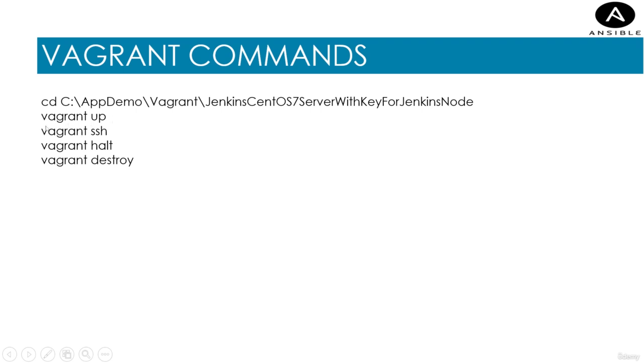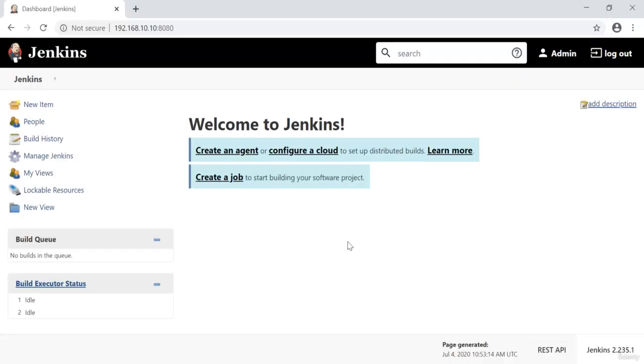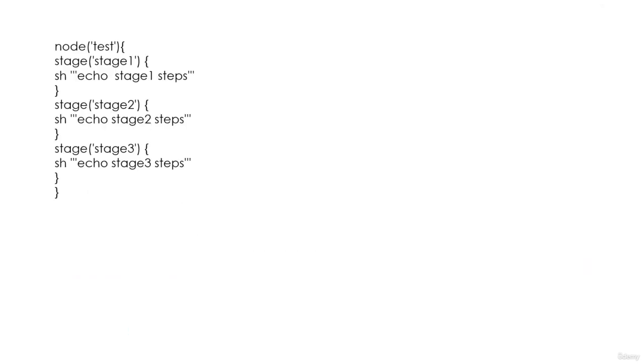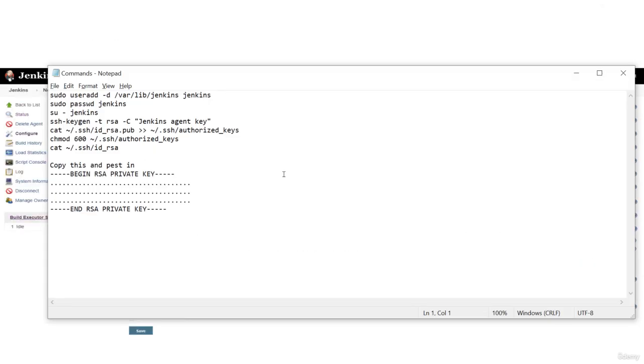But before that, make sure you have installed VirtualBox and Vagrant, and then we'll do vagrant ssh, vagrant halt, and destroy. After that we'll get something like this, and this is the screen we have for Jenkins. So let's go one by one and do it now.